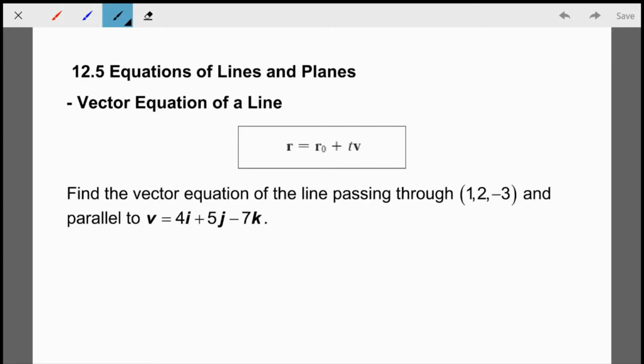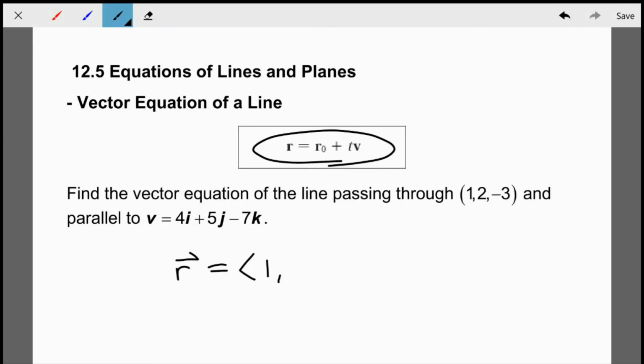So in this first example, it says, find the vector equation of the line passing through (1, 2, -3) and parallel to this vector 4i + 5j - 7k. Okay, so notice the equation that we have right here. Our vector equation of the line, r, would be equal to, and I'm going to start with my initial position vector, and I'm just going to write this in vector component form.